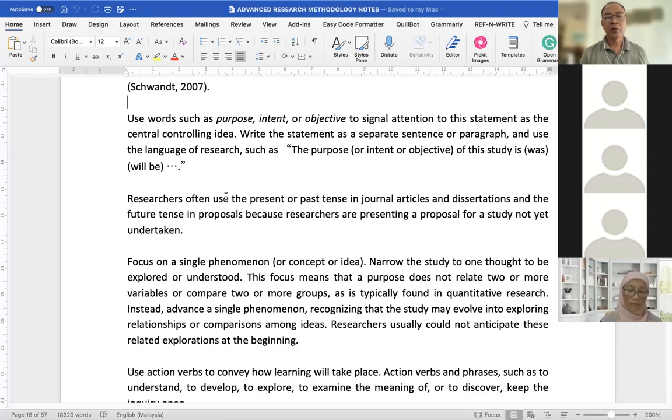Okay, and usually qualitative research doesn't compare two or more groups, but sometimes researchers also can compare two or more groups in qualitative research.